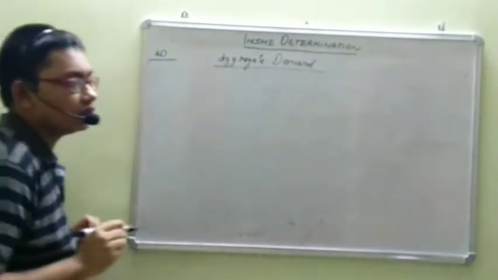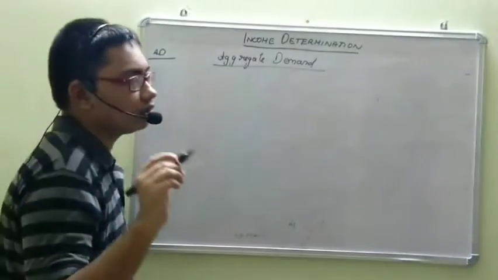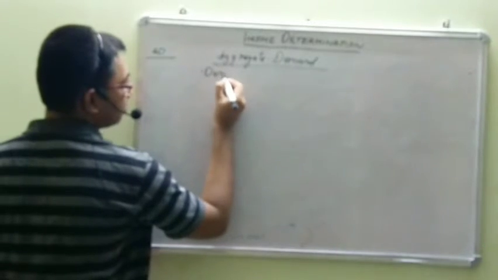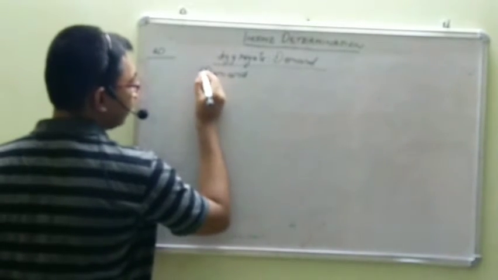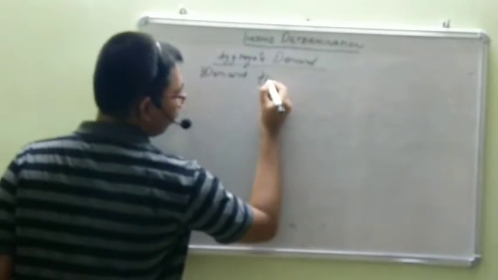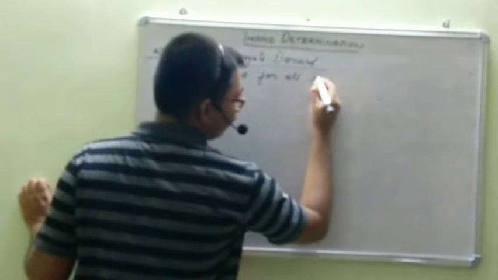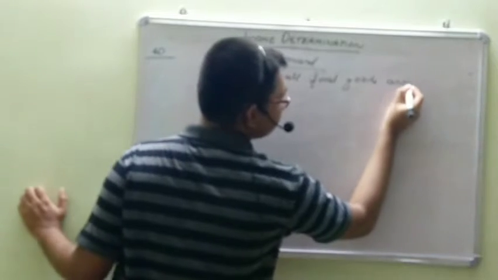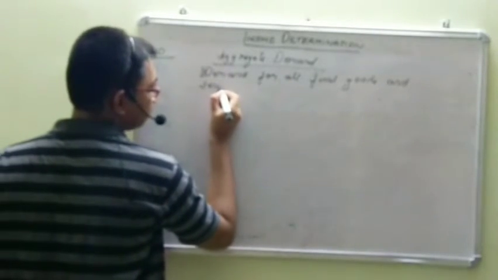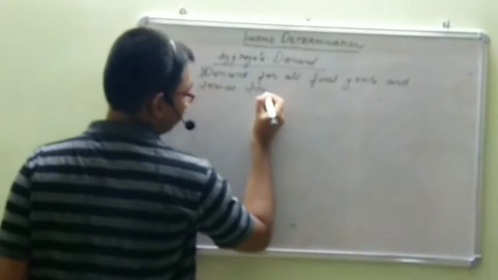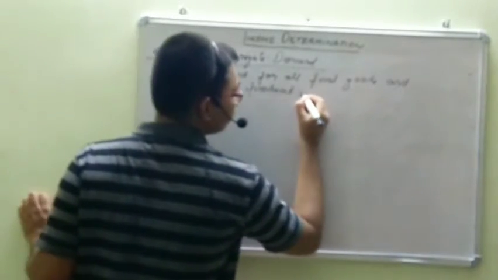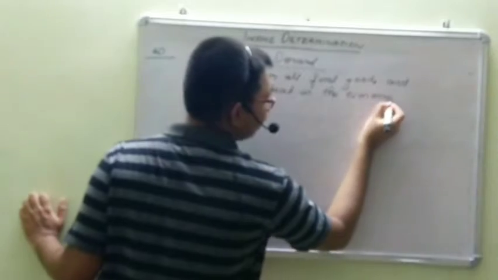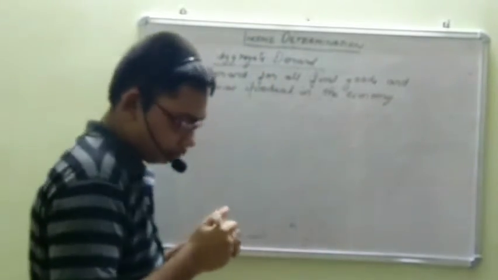Aggregate demand, we will say, is the final demand, or the sum of demand, for all final goods and services produced in the economy.